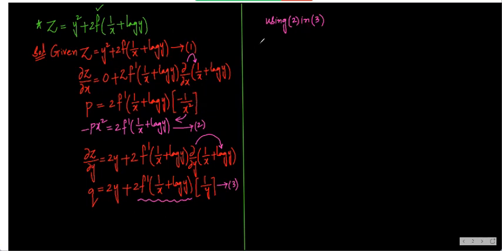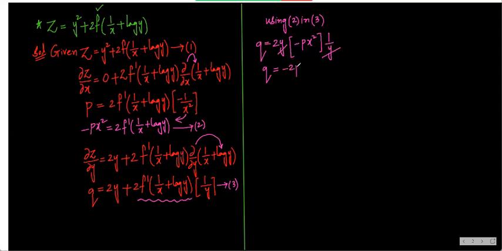Now, using 2 in 3: q is equal to 2y as it is. Now the value of 2 times f dash of (1 by x plus log y) is minus px square, into 1 by y as it is.